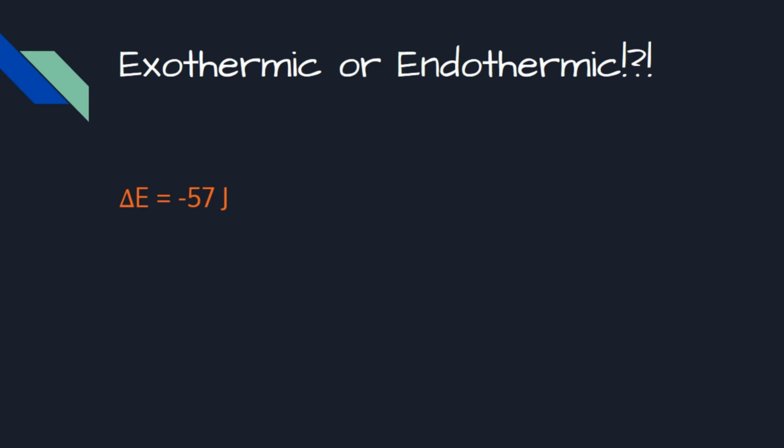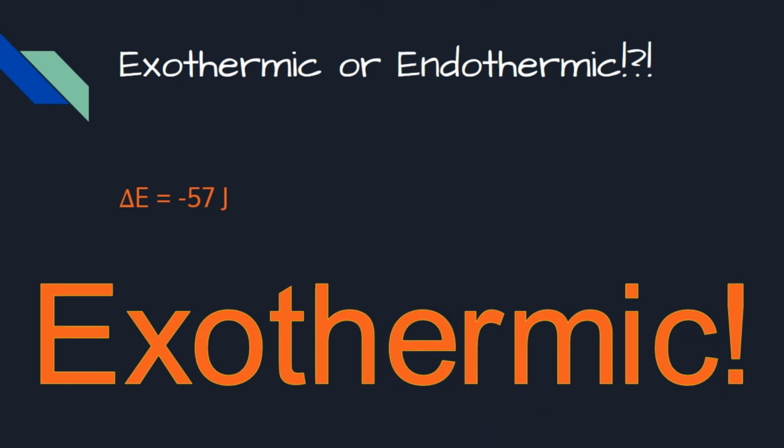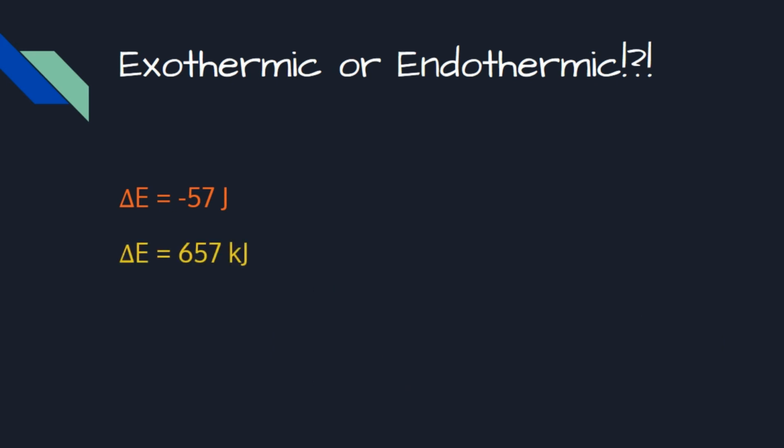Is that going to be exothermic or endothermic? Well, of course, that's going to be exothermic. My products have 57 joules less than my reactants. Where did that energy go? It was released into the environment. It was exothermic.